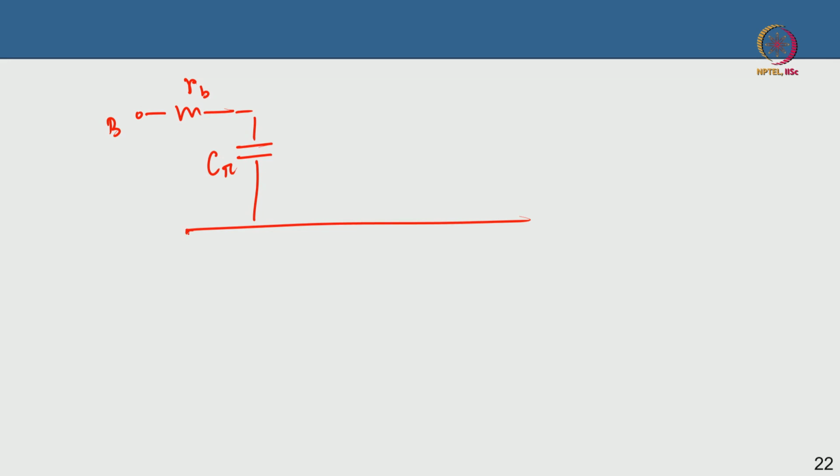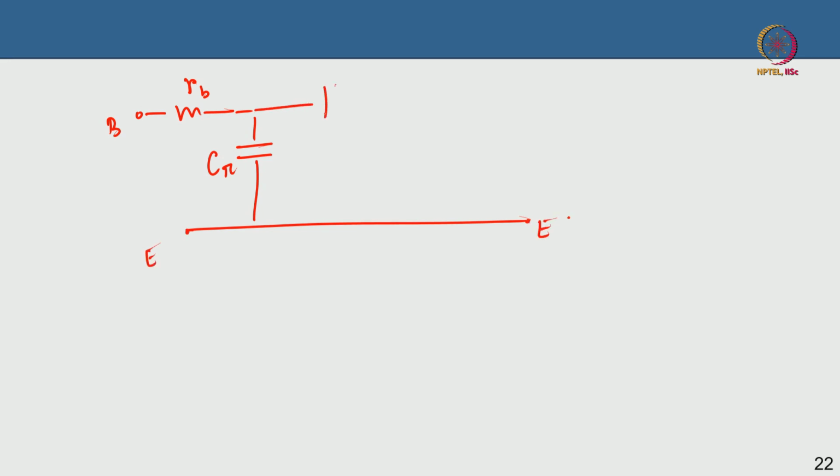Let me switch the slide here. So, if I include some parasitic components, then what will happen? This is your base. Now the base will have some base resistance, which is RB. And then you have C pi, then you have the emitter here.